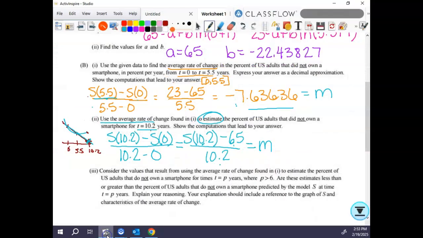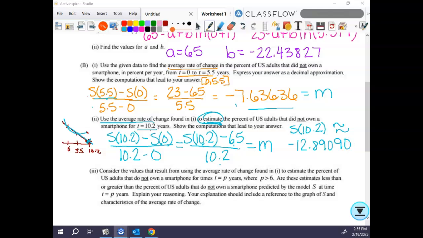So what that is, I just solved for S of 10.2. So that means S of 10.2, and it told me to estimate it, is about negative 12.89090.